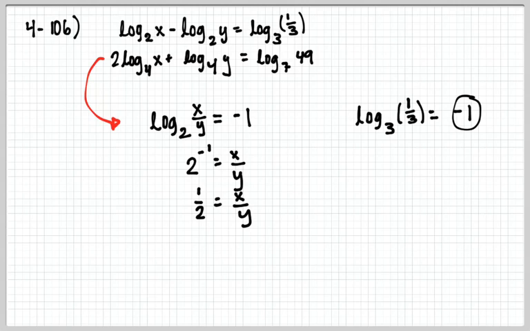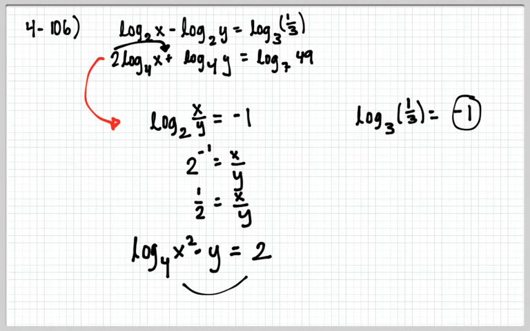Log base 4 of x squared, because of the power property, you're bringing the 2 back, times y equals 2. If we translate this into exponential form, we get 4 squared equals x squared y. Another way of saying this is 16 equals x squared y.